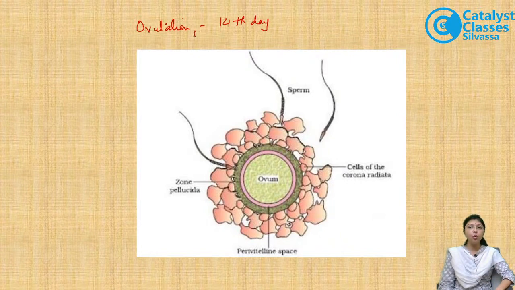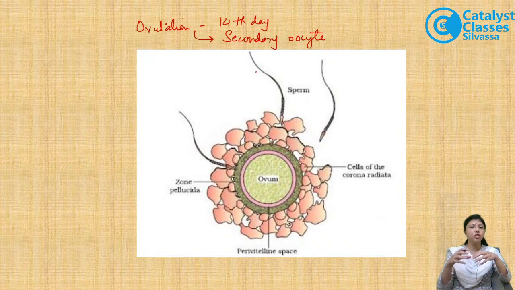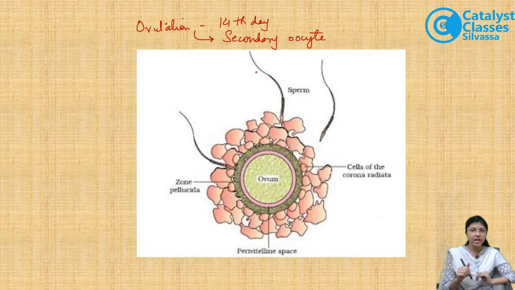But you know that when ovulation takes place, it is the secondary oocyte which is released from the ovary. The secondary oocyte then travels through the fallopian tube and later enters the uterus.